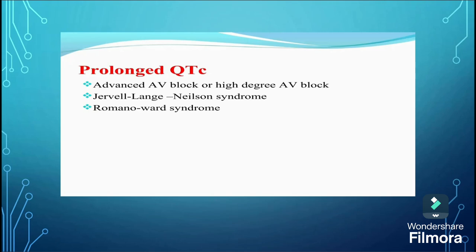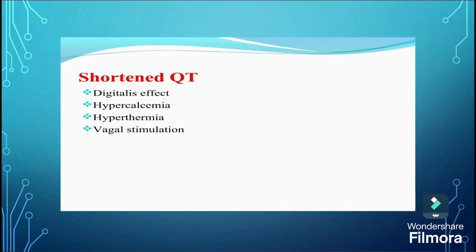Again, you will be seeing it in advanced AV block or high degree AV block, then Jervell and Lange-Nielsen syndrome, Romano-Ward syndrome. Short QT, I already discussed: digitalis effect, hypercalcemia, hyperthermia, vagal stimulation.